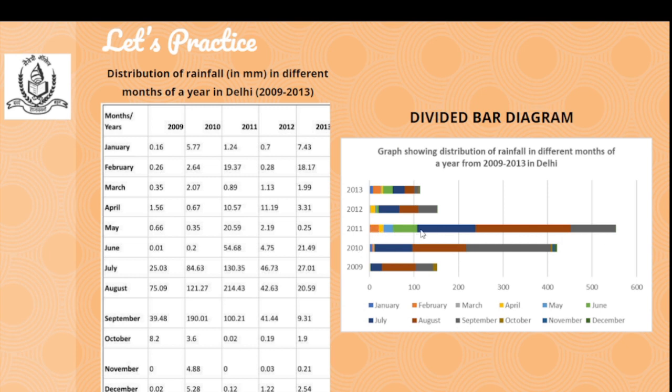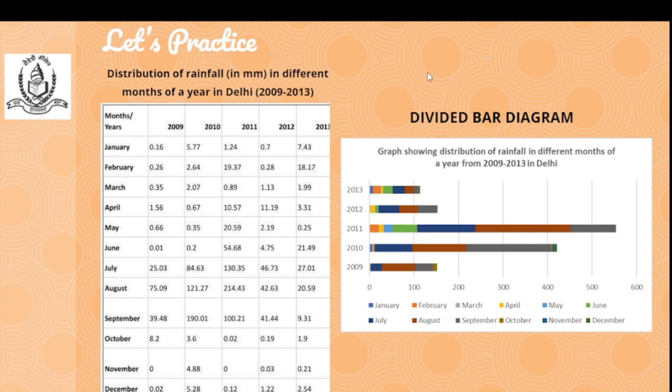So the single variable is represented by the complete length of this bar, and the different components of this variable are represented as the different subparts of this bar stacked one after the other.